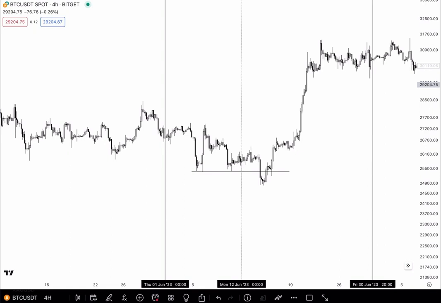Which you can measure using, for example, if you're trying to measure a Judas on a Thursday, then you can reference the Judas that happened on the Wednesday before it, and Tuesday and Monday. So accumulation, manipulation, distribution.